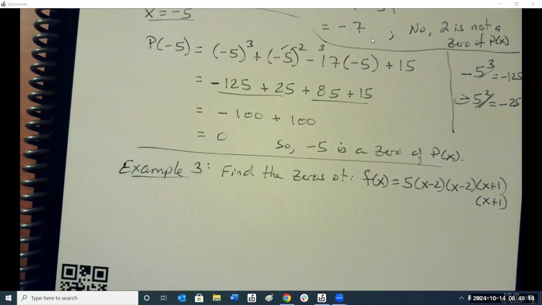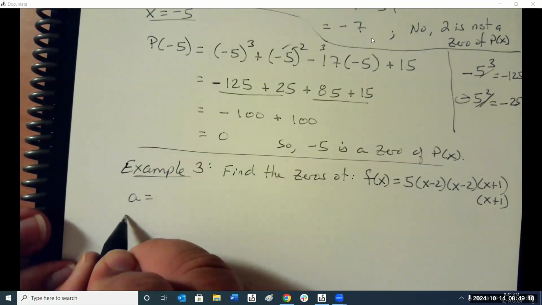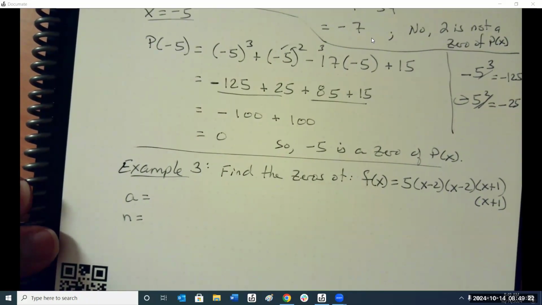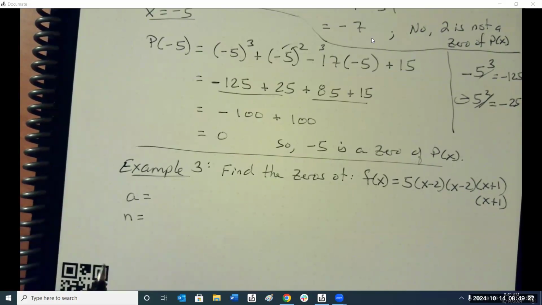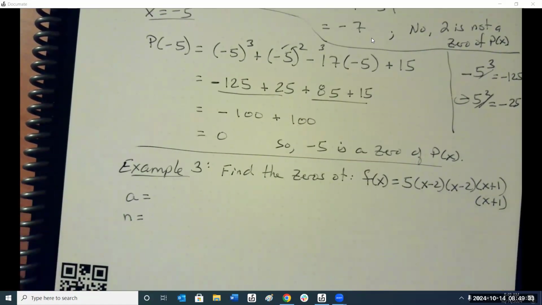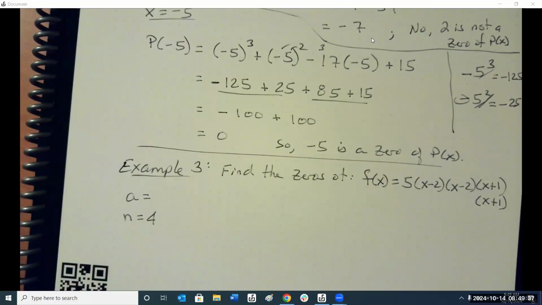Remember, it helps us if we know what a and n are. N tells us the number of solutions. Well, we have 1, 2, 3, 4 solutions. So n equals 4.